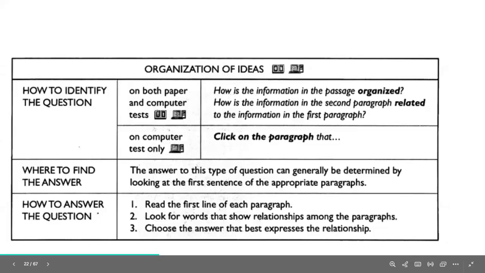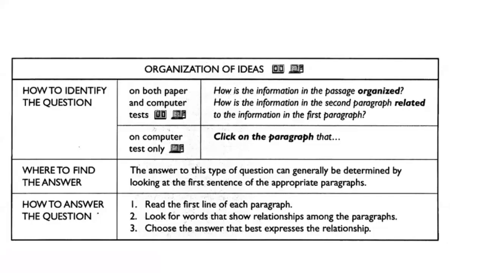Now, how can I identify this question? Whether you do the TOEFL test on paper or on computer, the questions would look like this. How is the information in the passage organized? How is the information in the second paragraph related to the information in the first paragraph? Now, where can you find the answer?